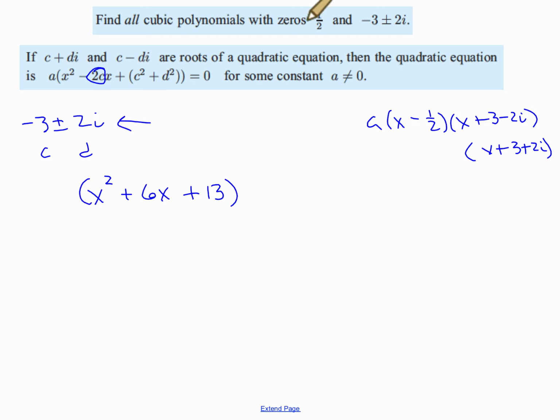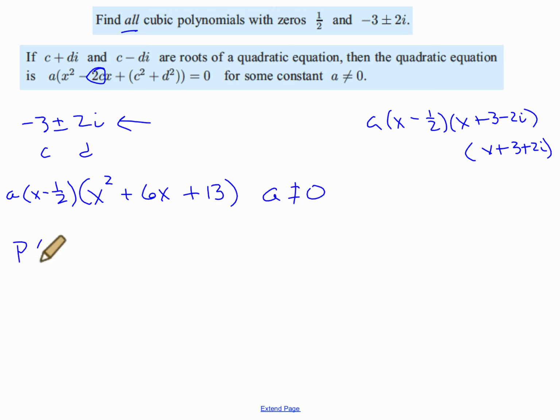And if a zero is 1/2, I also know that x minus 1/2 has to be a factor. And so I have my cubic, actually a cubic polynomial, because x times x squared is x cubed. But if I want to say all cubic polynomials with these zeros, I would have to put a in there, where a is a constant and a is not equal to 0.